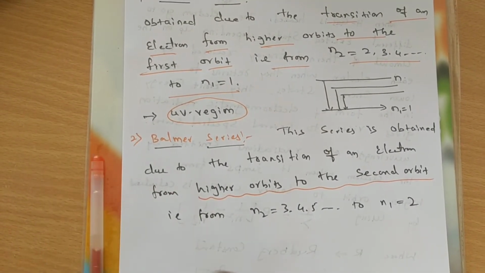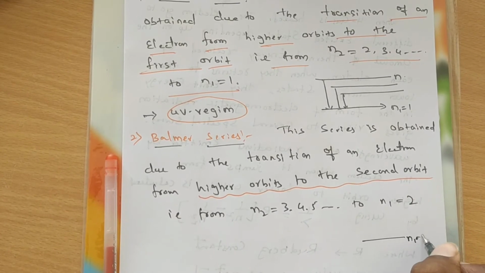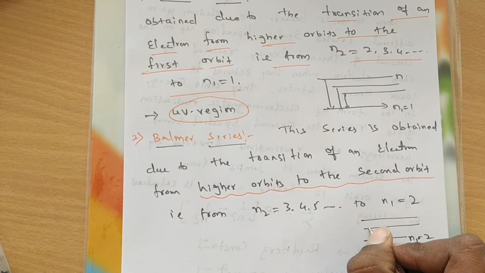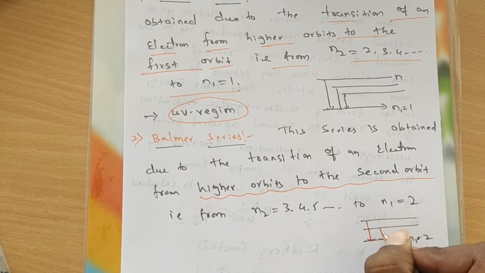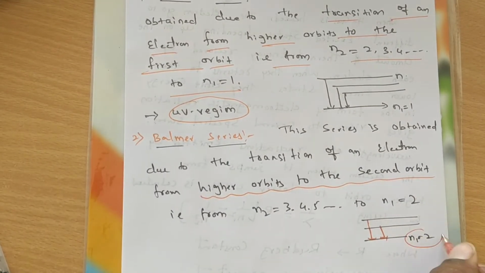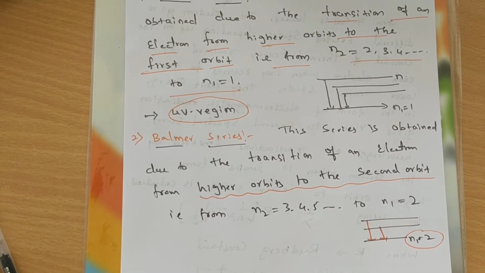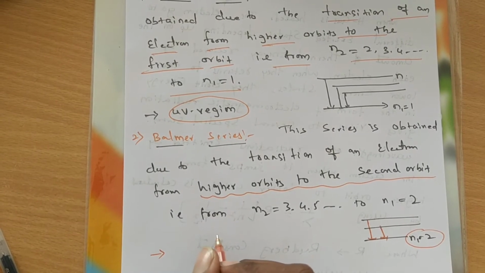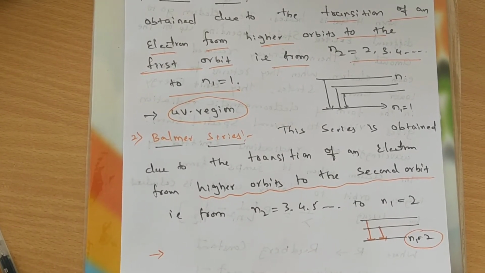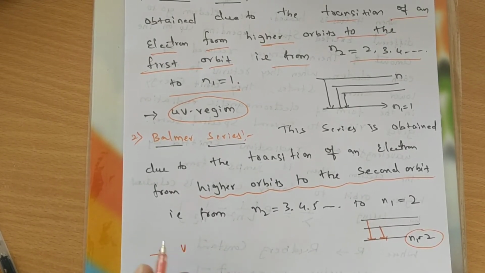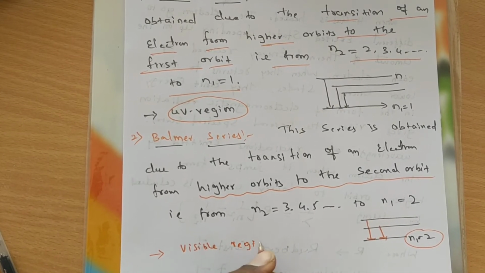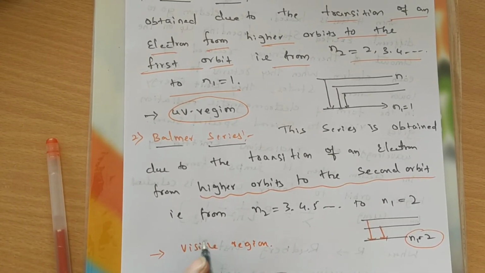Electron transition occurs from higher orbit to the second orbit. This is called the Balmer series, and this series is observed in the visible region.